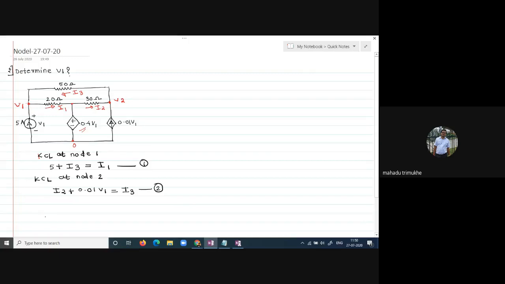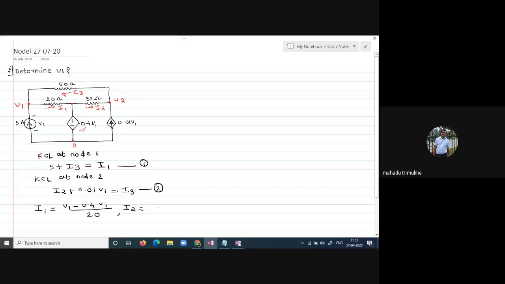So now I1 is equal to V1 minus 0.4 V1 divided by 20.